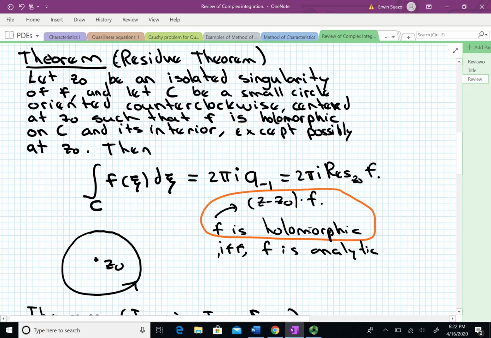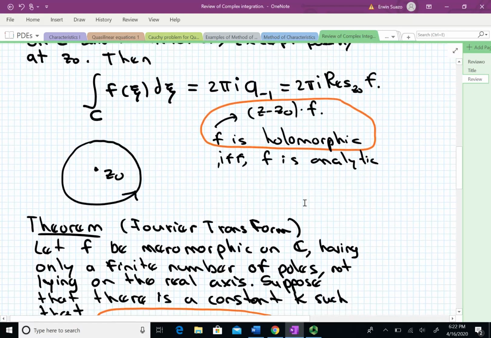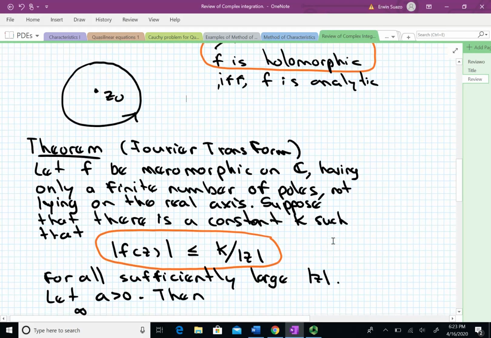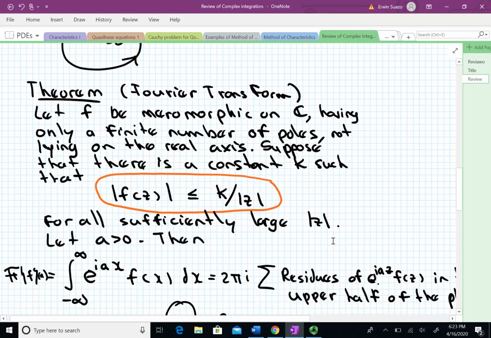But holomorphic means that the limit of z minus c0 times f will exist, so it allows you to play with that singularity with this trick. You have to read about it. I don't want to make it sound simplistic, but for engineers, holomorphic and analytic are the same thing. For you guys, you should probably go further and read about it.